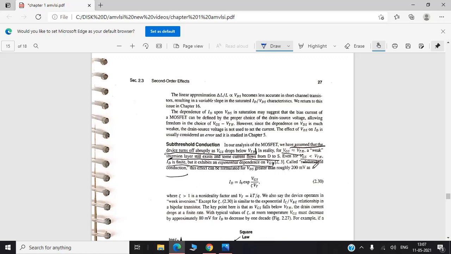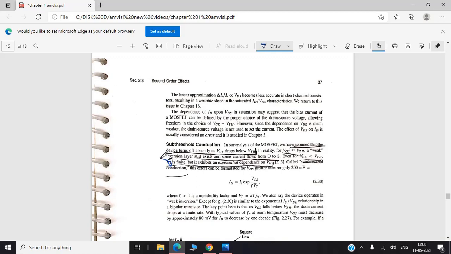Even for VGS less than VTH, ID is finite. We have assumed that when the voltage is below VTH, the device will stop working, but in reality it does not happen so. There will still be a leakage current flowing from the drain to the source, and thus the ID can be measured.